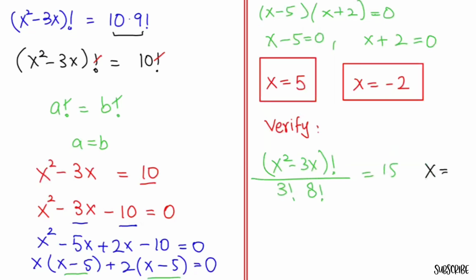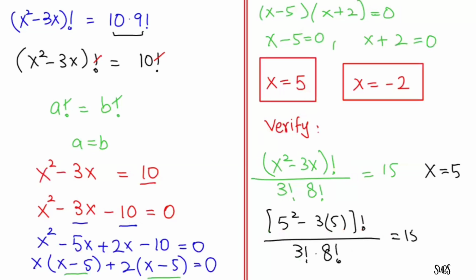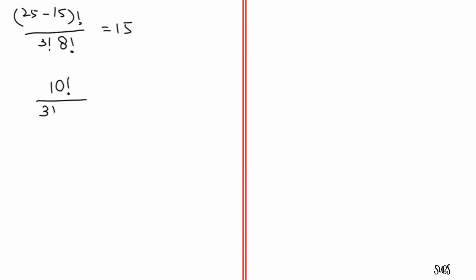To check the x value 5: (5² − 3 times 5)! over 3! times 8! equals 15. 5 squared turns to 25, and 25 minus 3 times 5, which is 15, in the factorial, so this will be equal to 10! over 3! 8! equals 15.